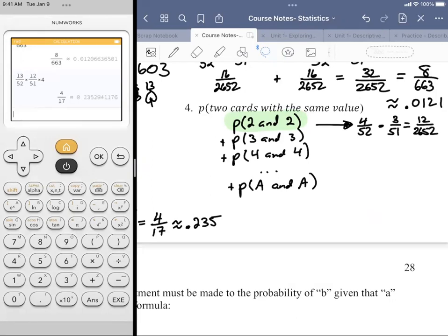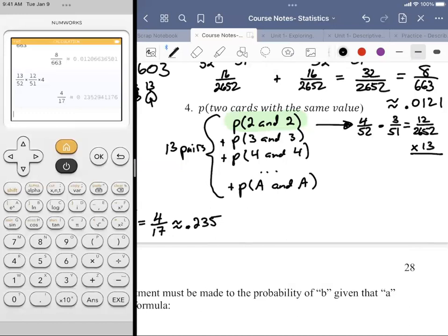So there are a total of 13 pairs. All right. 2, 3, 4, 5, 6, 7, 8, 9, 10, jack, queen, king, and ace. So 13 of those pairs. So I would take my 12 out of 2652 and multiply it by 13. Do that in a calculator.